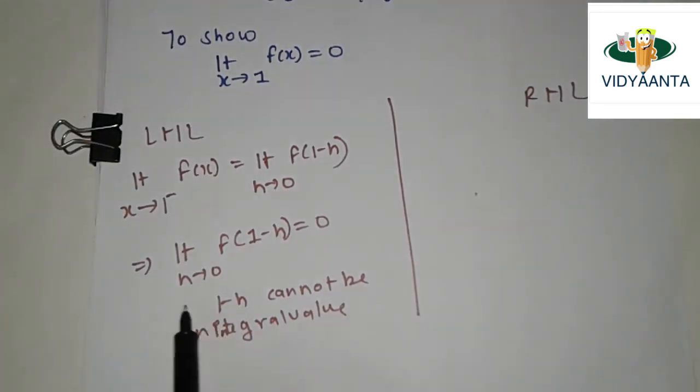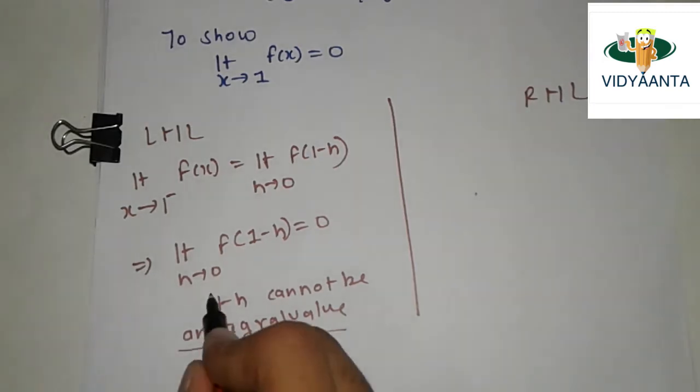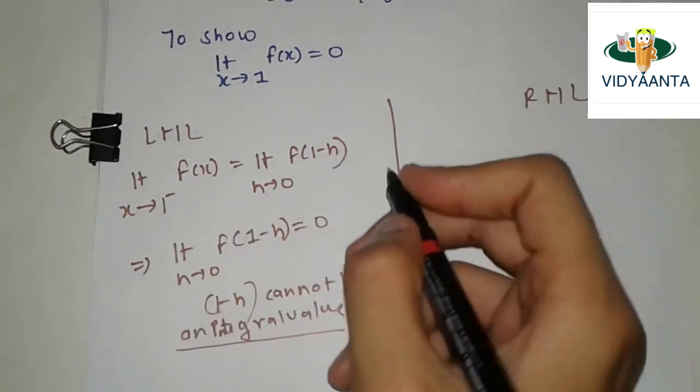As we know, h tends to 0. Its value is near about 0 but not exactly 0. Let's assume 1 minus 0.001, its value will be 0.99 or something else. It would not be an integer, hence 1 minus h cannot be an integer.